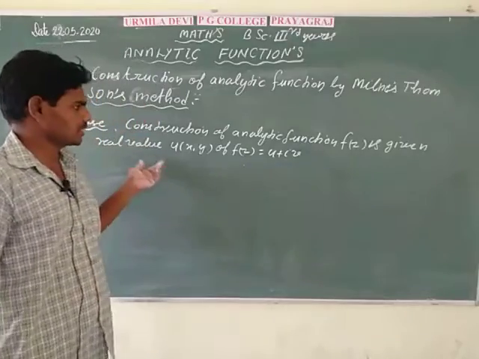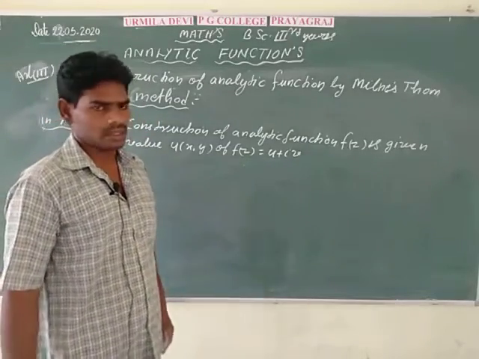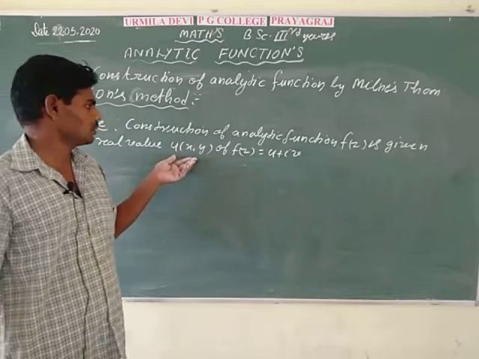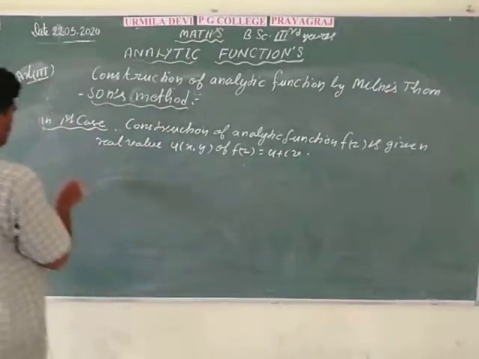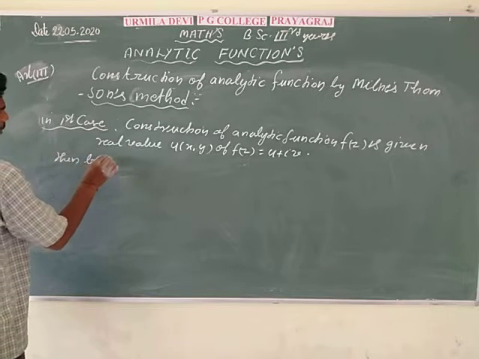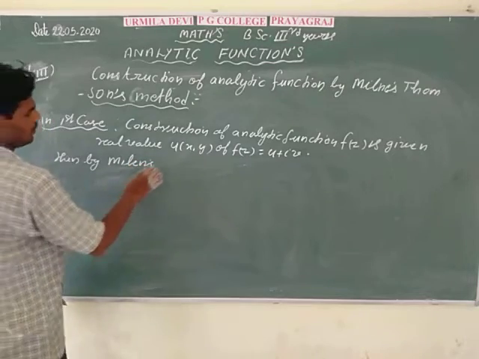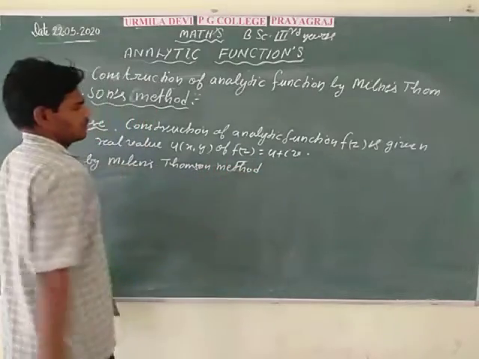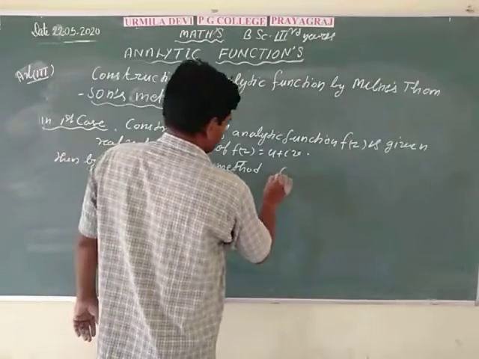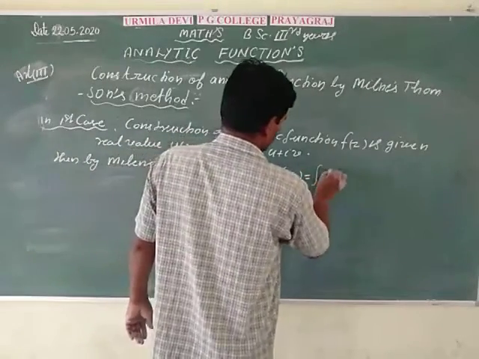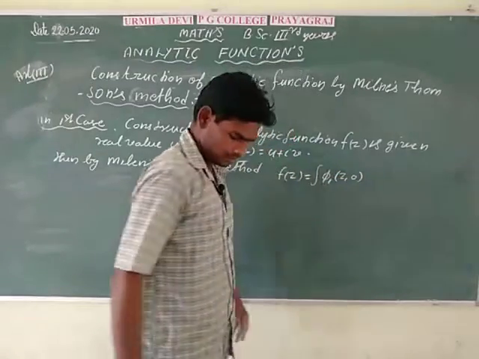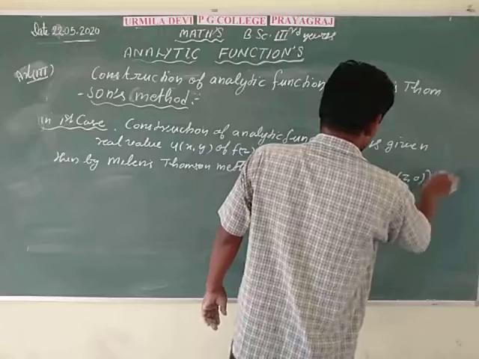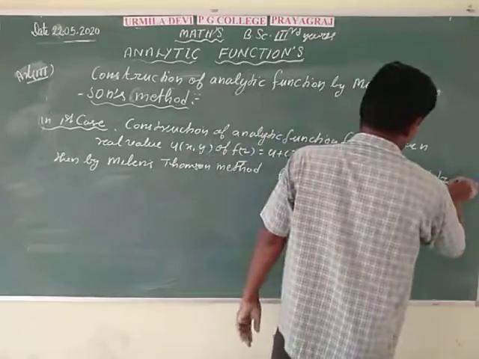So in the first case, construction of function f(z) by Milne-Thomson method, MT method, if in the question the real value u(x,y) is given, then by Milne-Thomson method the analytic function f(z) is equal to the integration of phi 1(z, 0) minus i times phi 2(z, 0) dz, plus a constant c.